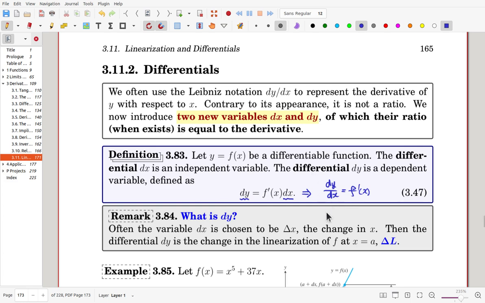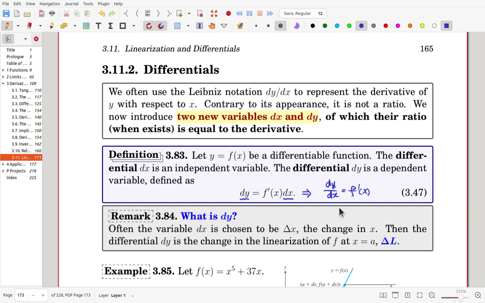but we are using this as a derivative, so once a ratio is equal to the derivative, we consider dx and dy as variables, and we say dy is the dependent differential and dx is the independent differential.